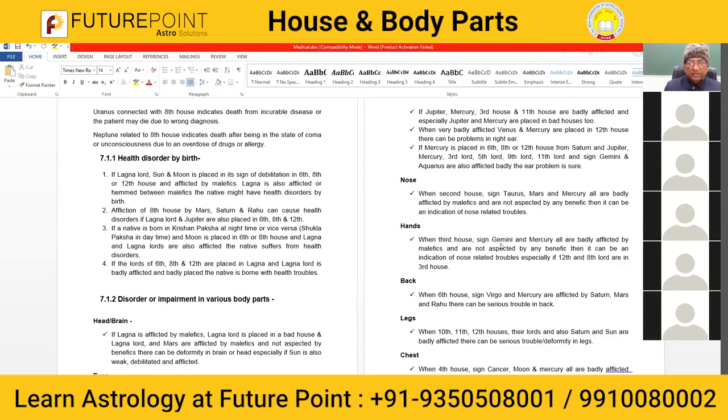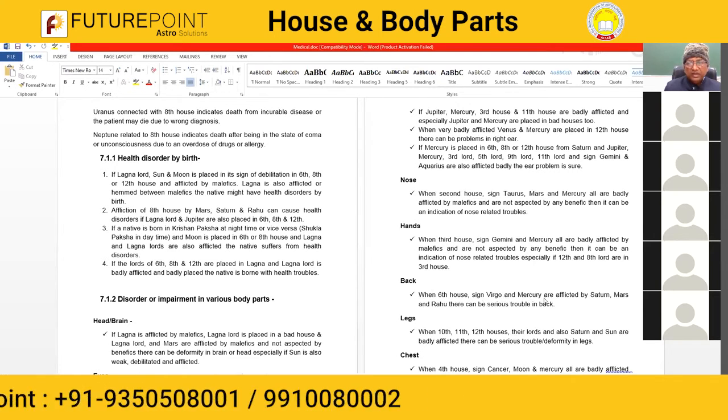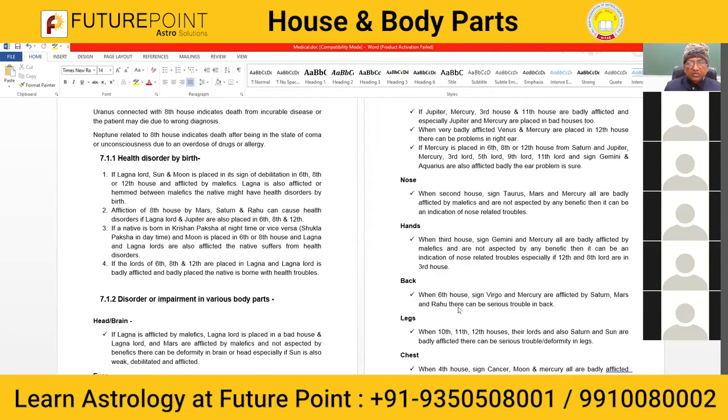Sign Gemini is correct, and the 3rd house is correct, because shoulders are represented by the 2nd house and hands by the 3rd house. 3rd and 11th house, so again Gemini. Similarly, back: 6th house, sign Virgo, and if Mercury is afflicted by Saturn, Mars and Rahu, then there can be back problems.